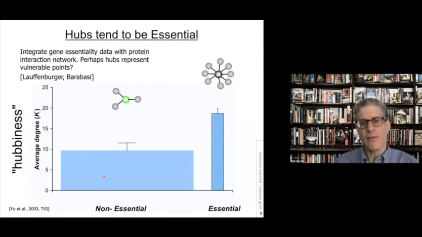Then they were able to correlate the essentiality, or how important to an organism a given gene was in these networks, to its hubbiness. Basically, what they found in many different contexts was that hubs tend to be essential. And maybe that makes sense, but it really makes sense if you think about what I just told you about the robustness to attack.